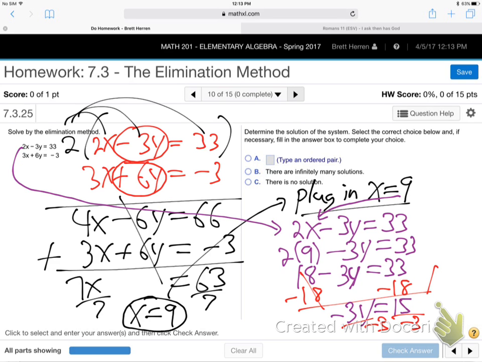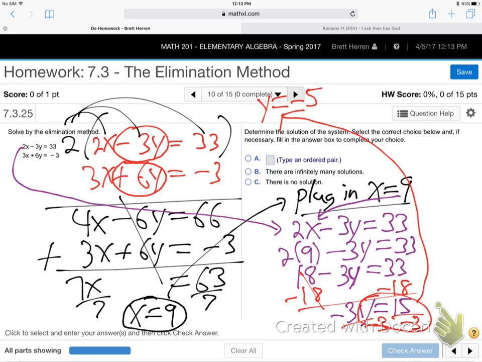And I'm running out of room. Probably I'm off the board here. Minus 5? Yeah, I'm off the board. So y is minus 5. Oh, I'm still off the board. So put it up there.